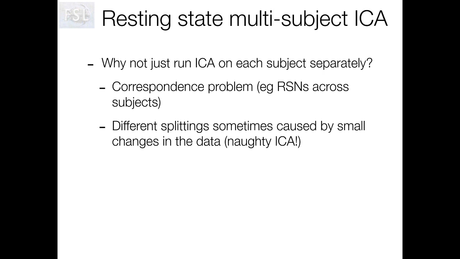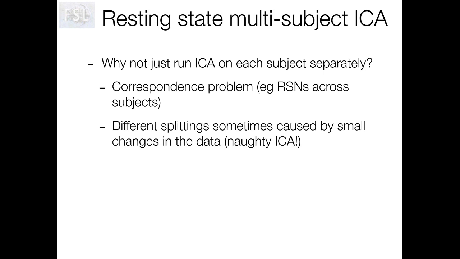So you may be asking, why are we doing this? Why don't we stick with what we learnt from single subject ICA? We could run ICA separately on the data for each subject and then analyze each component separately across the results for all of our subjects. The problem with this is one of correspondence.